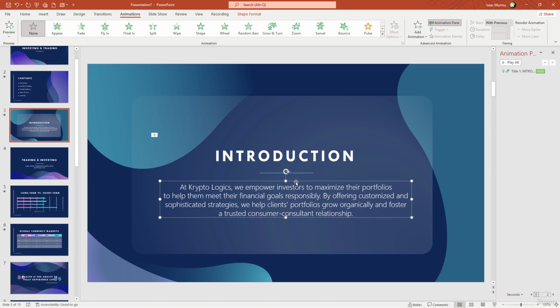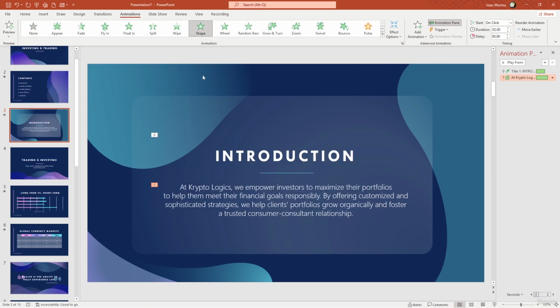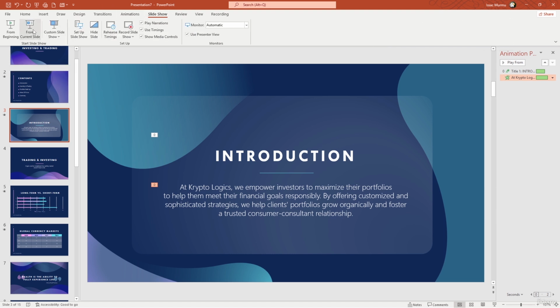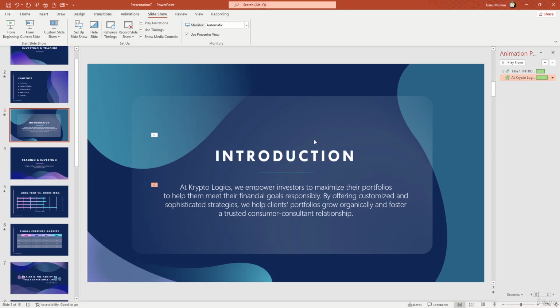And here let's say we want to use something like the shape, and we want to use this one with previous. So now let's move into the slides again, or you can start with previous. From the current slide, it comes this way. So that is the animations basics.